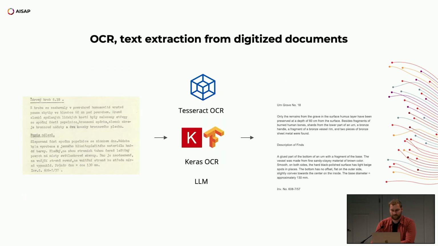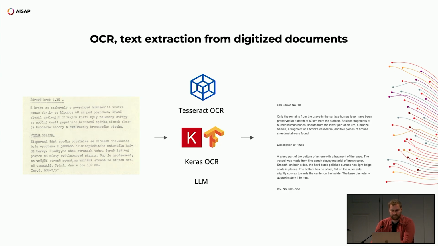We are using a combination of technologies like Tesseract OCR, which is an open source library from Google, also the Keras optical character recognition library that uses a different approach than Tesseract OCR.